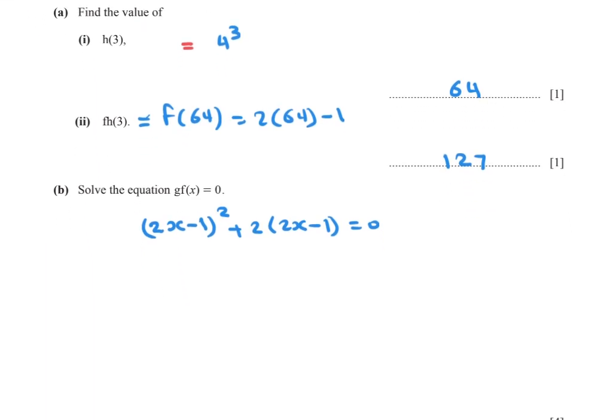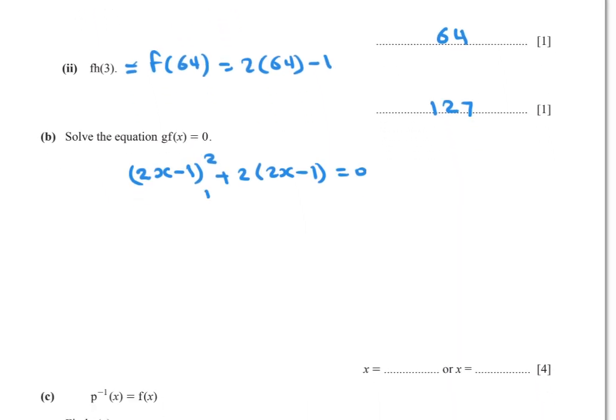Now solve this equation. Expand the first one. You can expand directly, or you can write the two brackets and multiply them. So to expand directly, 2x times 2x, 4x squared, negative 1 times negative 1, positive 1.